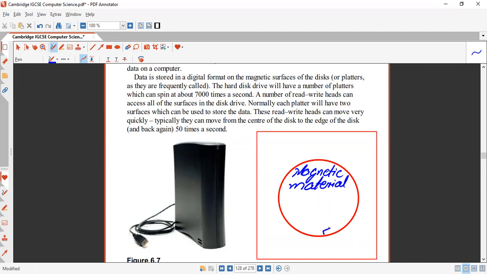The data here is stored in the form of platters. Platter means small parts that are stored here, the small memory locations.